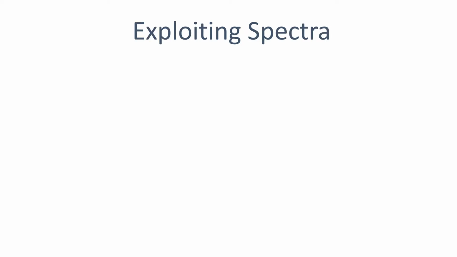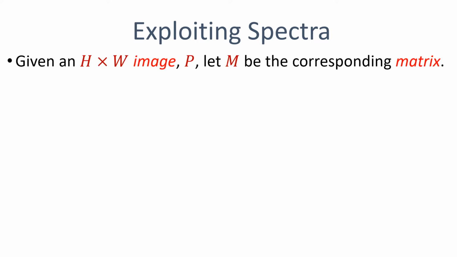So the way we're going to do that is by exploiting spectral techniques, some methods we've been looking at over the past 3 lectures. So to start off with, we have our image. We've seen we can think of it as a number of rows and a number of columns, and we're going to describe that image as a matrix of numbers.